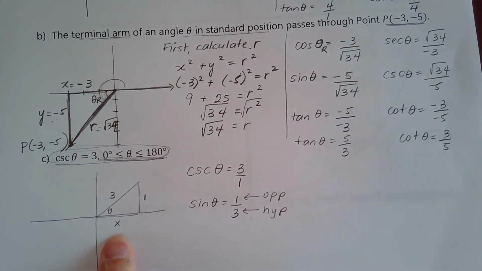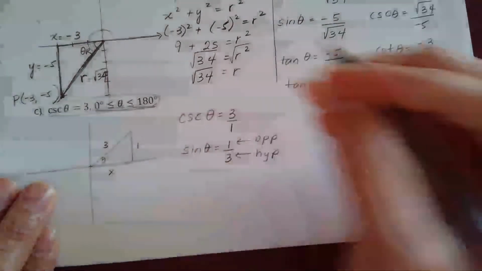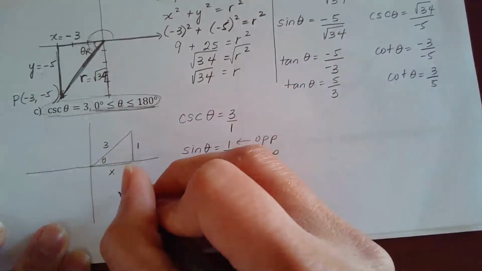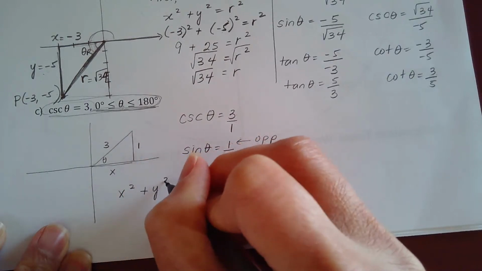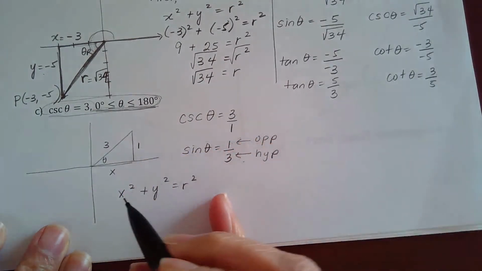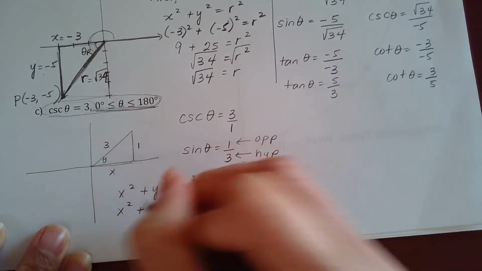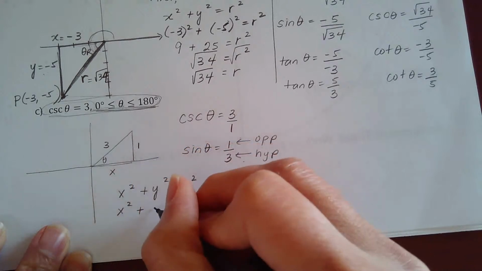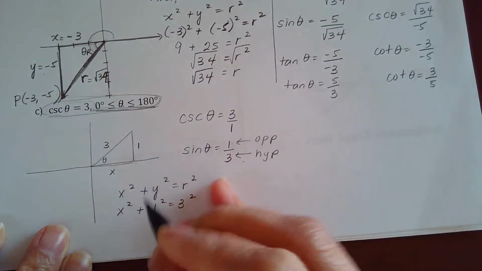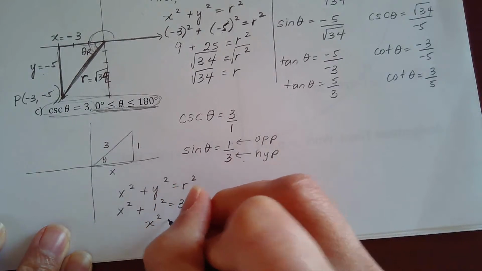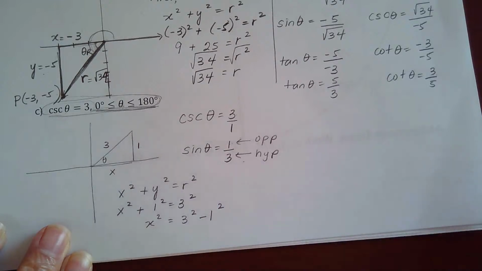So how can we figure out the x in this case? Okay, we know that, again, we can use the Pythagorean theorem. So x squared, we don't know, x squared plus y squared. So y is 1, 1 squared equals 3 squared. So if we figure out the x squared, it's going to be 3 squared minus 1 squared.